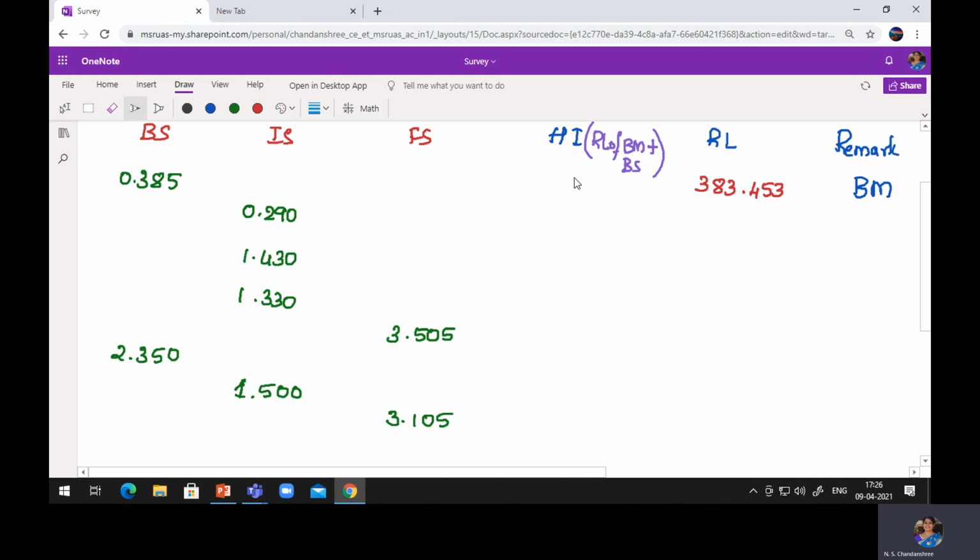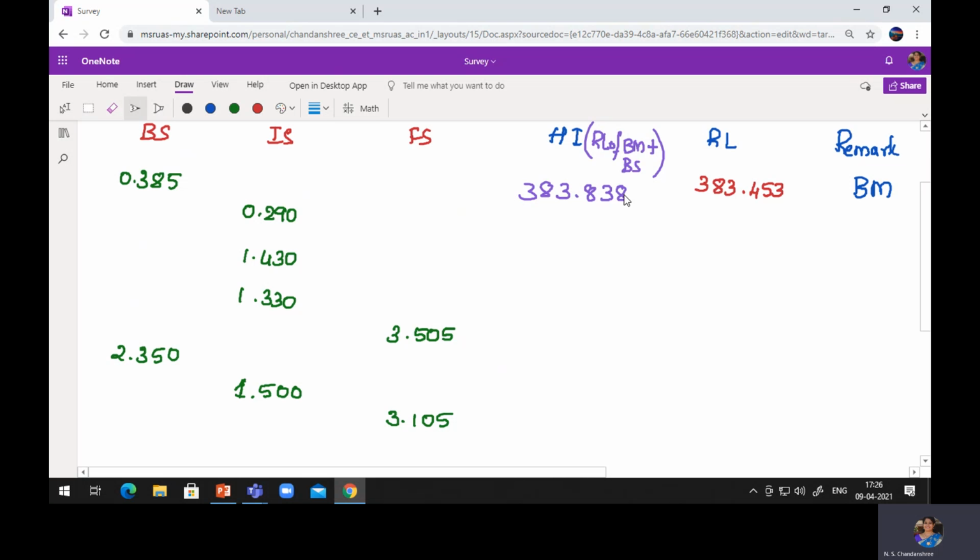So at the first point, RL of the benchmark is 383.453 plus backsight value 0.385. So this value becomes 383.838.